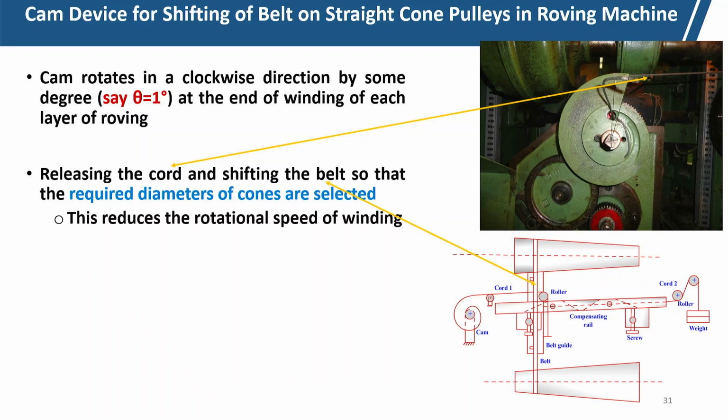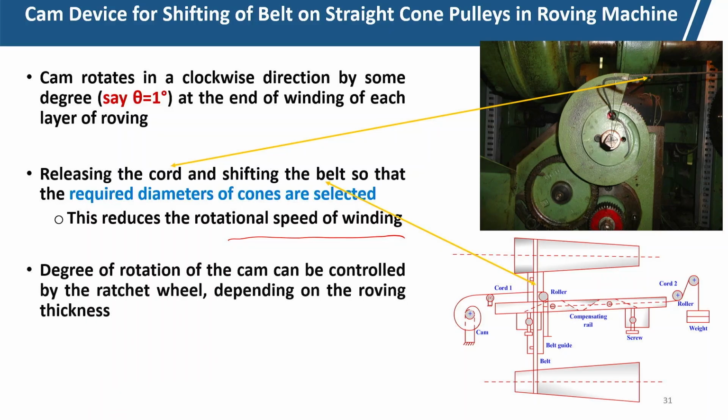This reduces the rotational speed of winding gradually, which we want. The degree of rotation of the cam can be controlled by the ratchet wheel. So, how much we want to release is controlled by the ratchet wheel, and typically let us assume it is 1 degree per release.